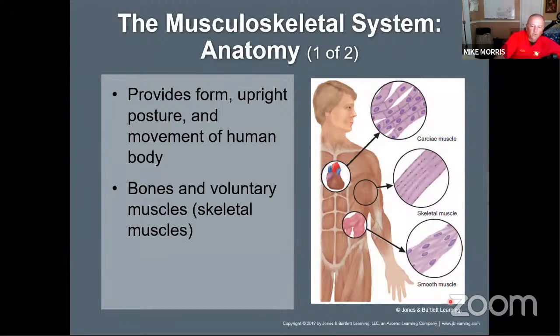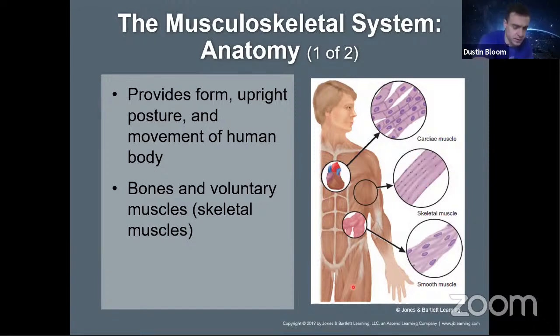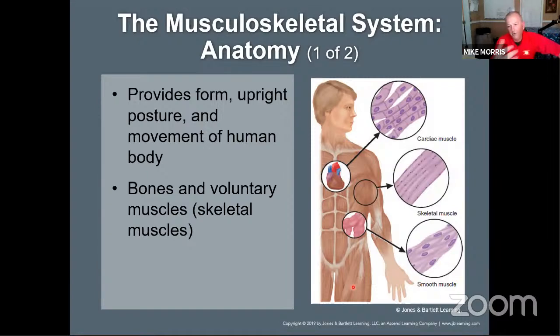Which one between skeletal muscle and smooth muscle would be involuntary versus voluntary? Smooth is involuntary. That is correct. Because skeletal muscle we use to move. So walking is a voluntary thing.